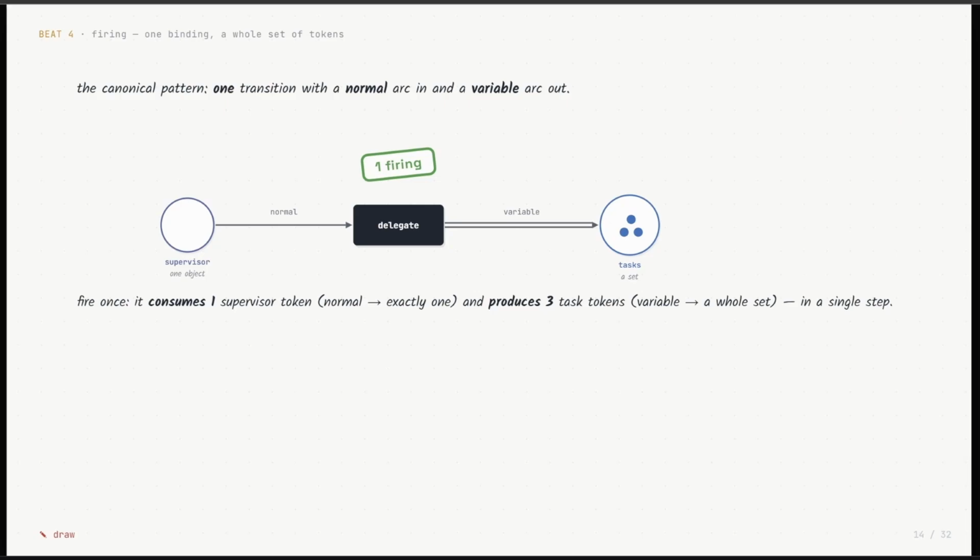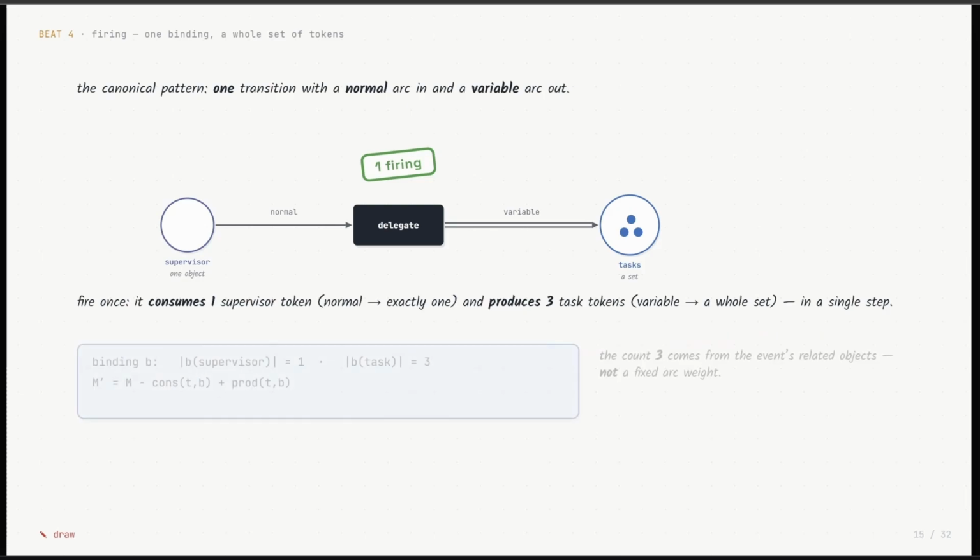In this instance, it's 3. So we have 3 tokens here. Next time, let's say supervisor number 5, and that maps to 2 tokens. So when we fire this, it would produce 2 tokens. Each of these tokens is related to an ID of an object. As you can see here, we fire 1, we produce 3.